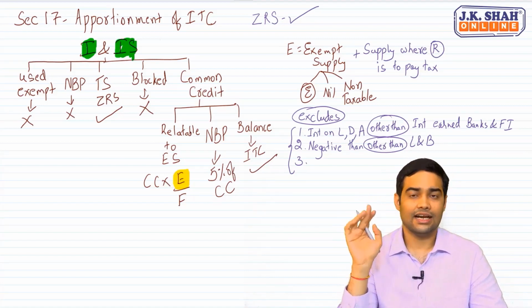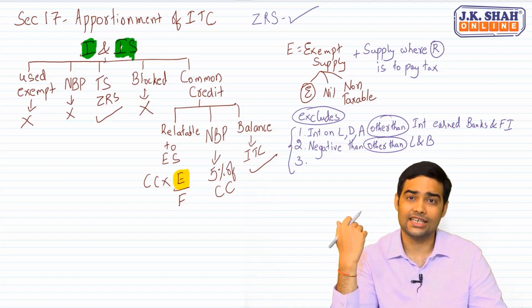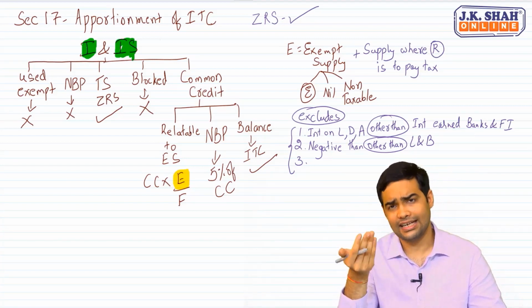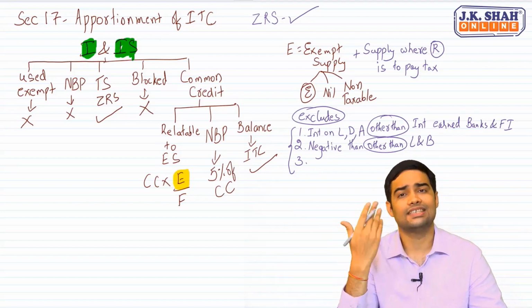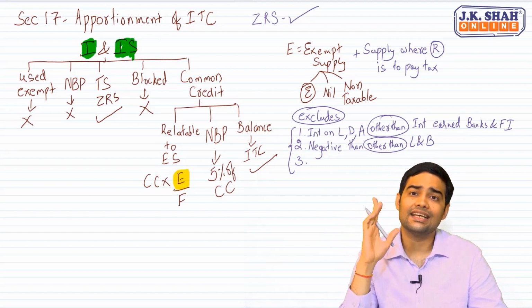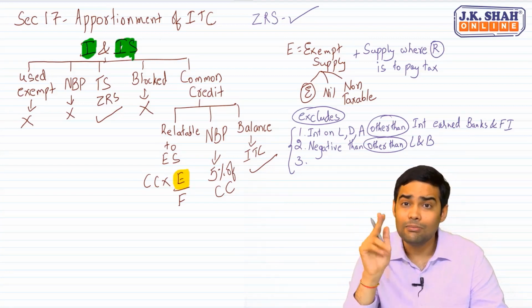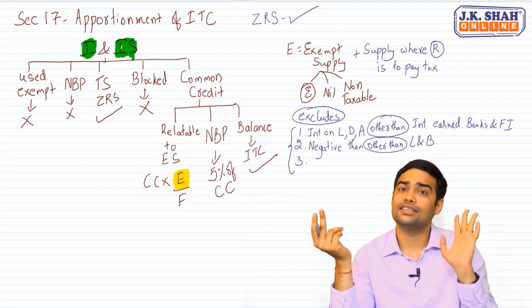In such cases, it will be considered as E. So, all other services which are there in negative list, like actionable claims, employee providing services to employer, fees taken by a court or tribunal, all these will not be considered as part of E. But land and building which you sell after it is constructed, it will be considered as E.